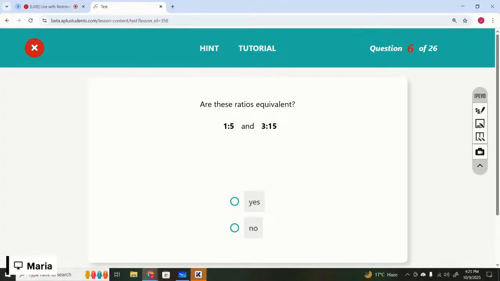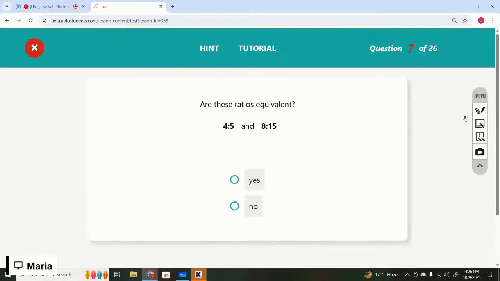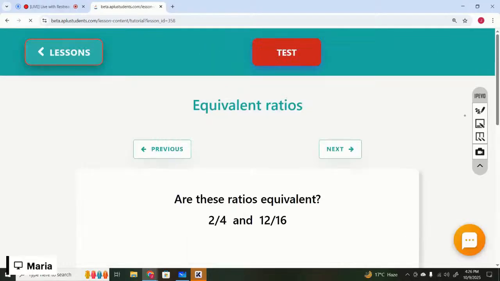Are these ratios equivalent, 1 by 5, 1 ratio 5 and 3 ratio 15? Yes, they are the equivalent ratios. Option number 1 is the correct option. Okay, you can complete the lesson by yourself later today. Let me do the next lesson.